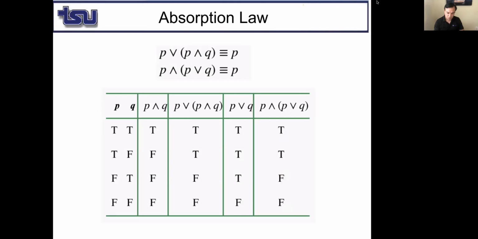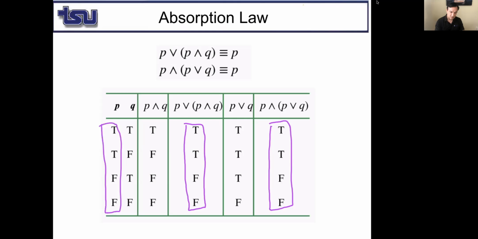As you do it by yourself, you're going to see that this column and this column are exactly the same, and it is the same as what? P here, okay? So this guy is equivalent to P, and this guy is equivalent to P, okay?